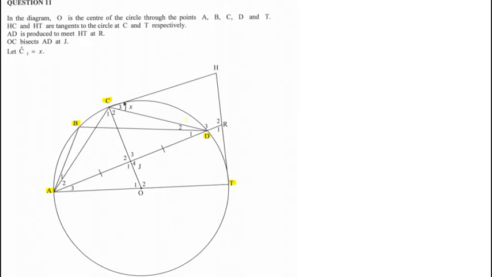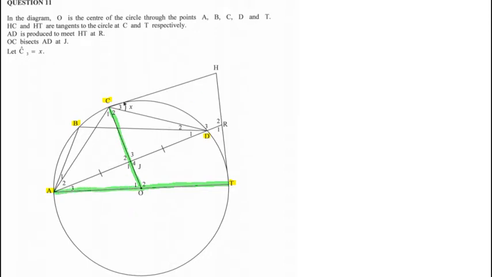Which means that any line that is going to travel from the center, which they said is O, let's actually make it green, so long as it travels from the center to any of these points on the circumference, then that line is a radius of the circle. So now you can start seeing where all the radii are in this diagram.